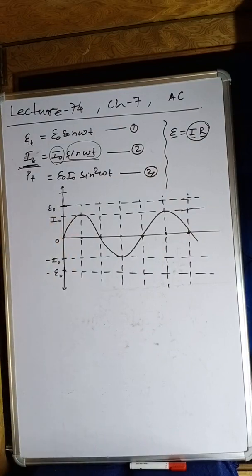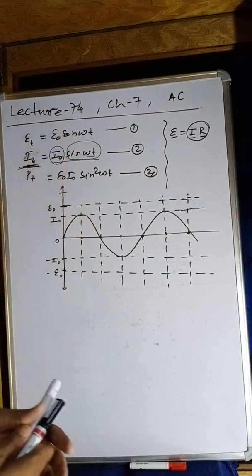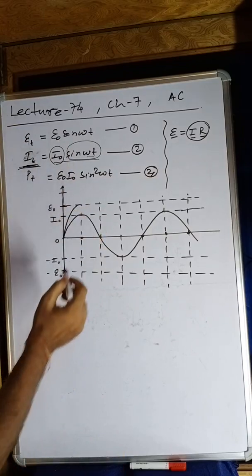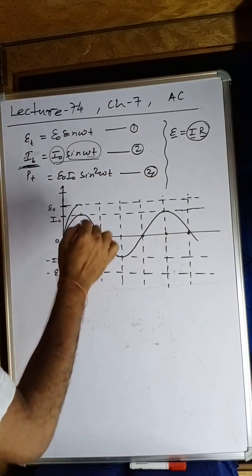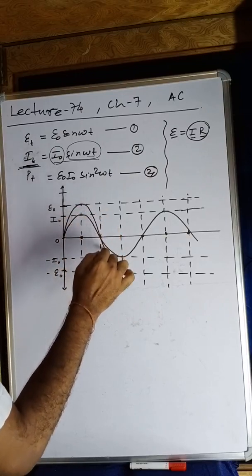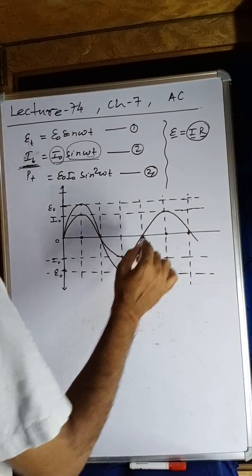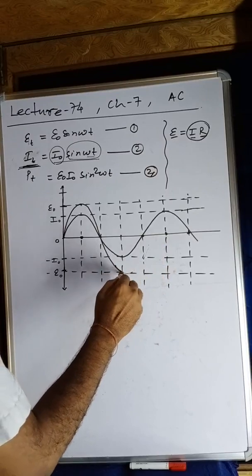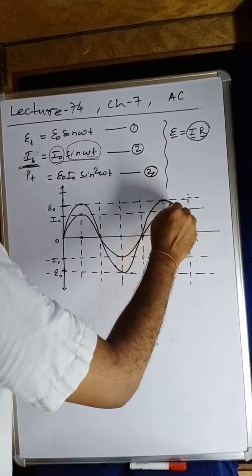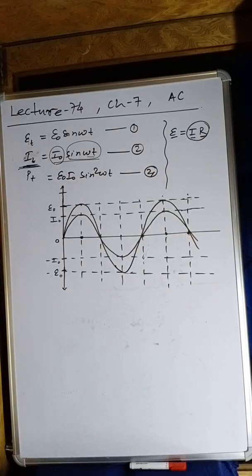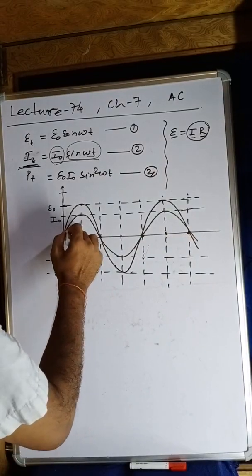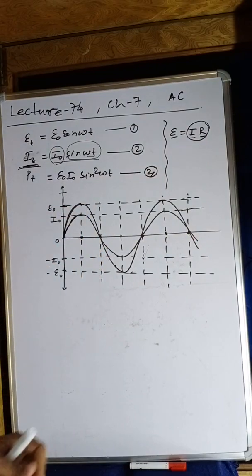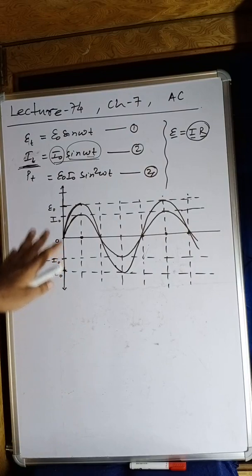You can see this is the same as I(t), so its graph will be like this one. At the same angle, at the same time, it gives the maximum value as given by current. So this is the graph of I(t), this is the graph of E(t).